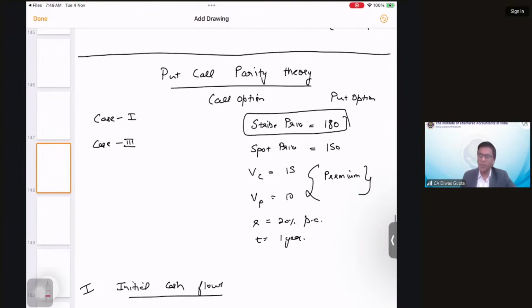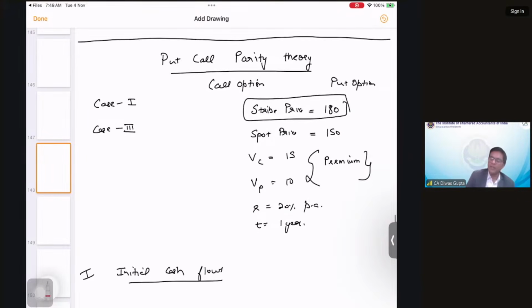Okay, let's come to put call parity theory. Put call parity theory is actually based on case number 1 and case number 3, students. These are the cases wherein we are purchasing a call option and we are purchasing a put option.